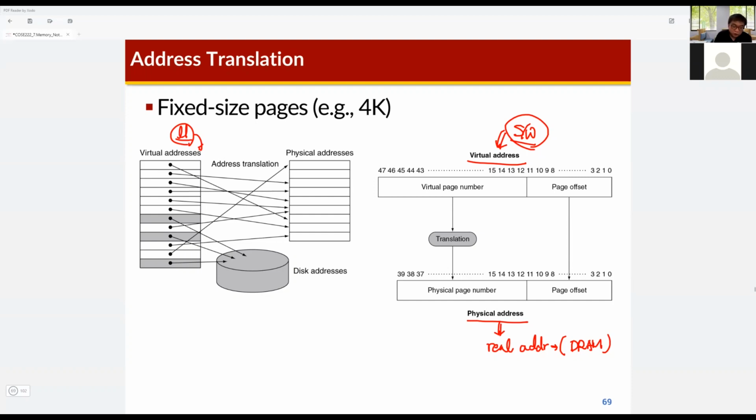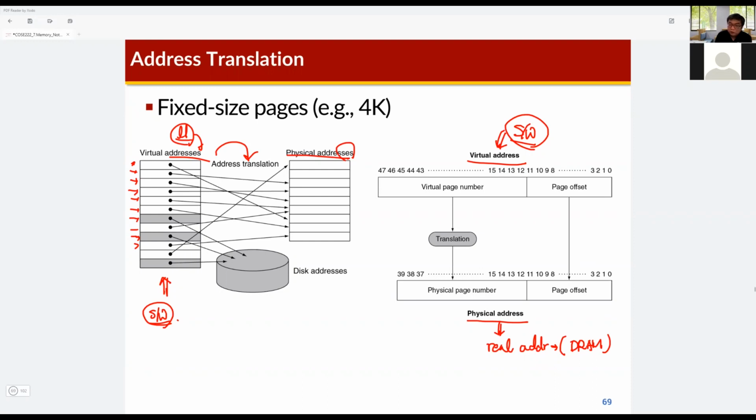So this is the software's view. The software thinks that, oh, there is very large memory, and we can access this data by load instruction. Okay, but this address is translated into the physical address.